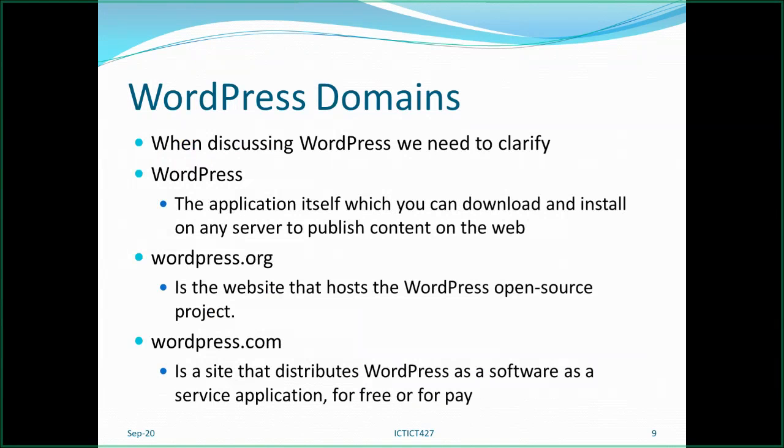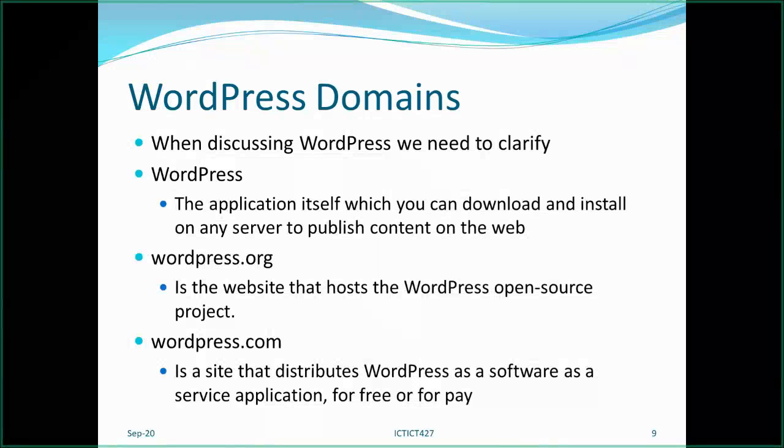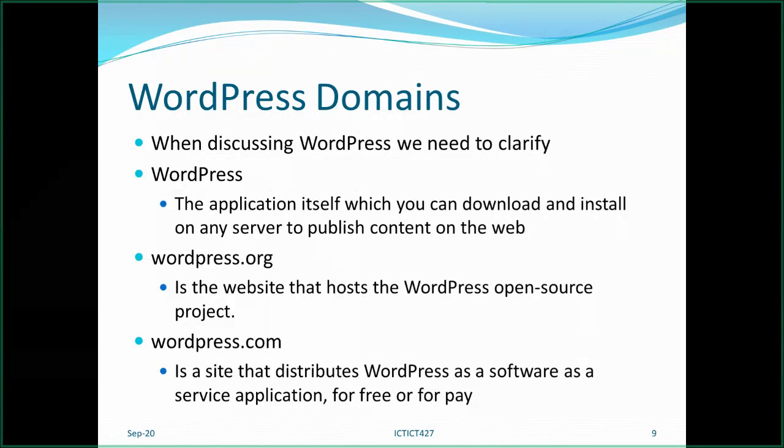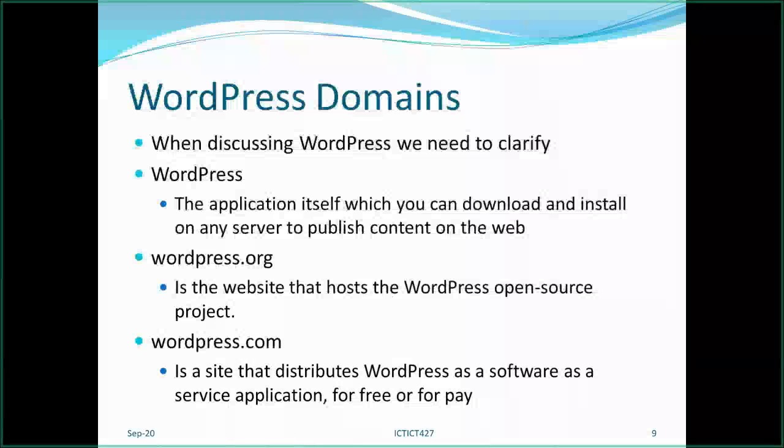So to clarify, we have three elements of WordPress. We need to be very clear when we're discussing these elements which one we're talking about, because people just say one and they don't clarify what they're discussing. So you've got WordPress, which is a standalone application which you can download and install on your own server. You've got WordPress.org, which hosts the open source project.